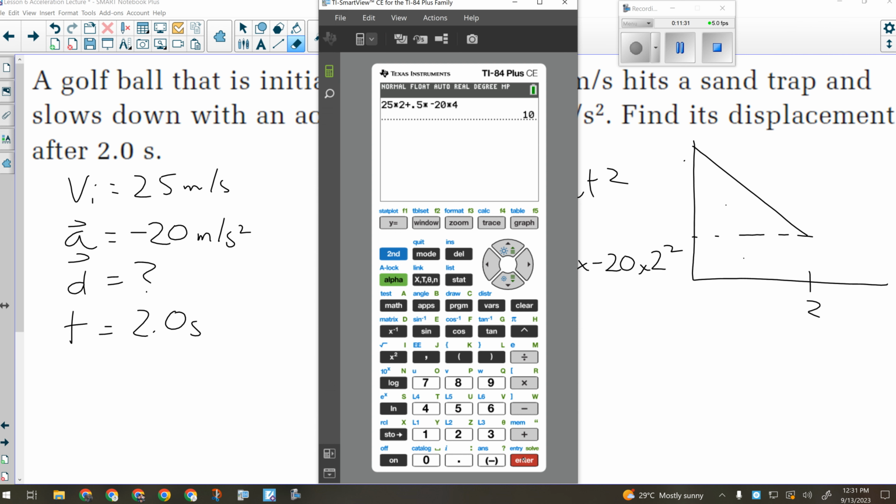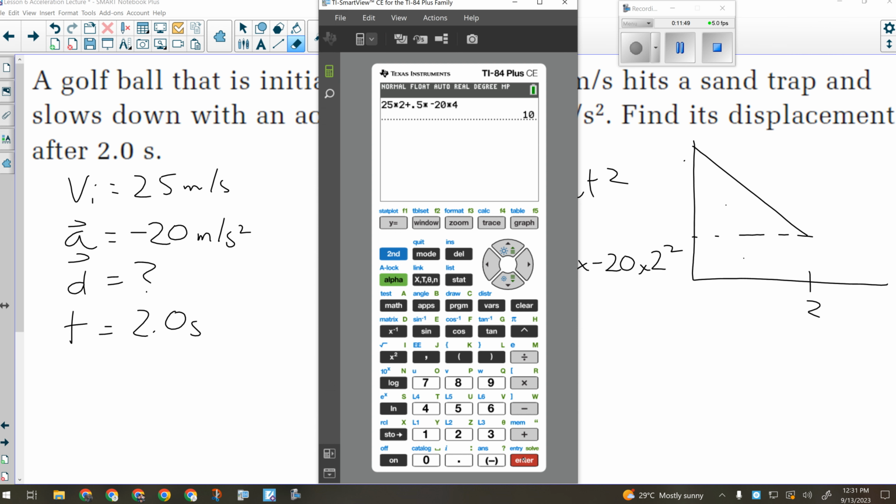All right, so that thing is going to move 10 meters, and it came out positive. It did ask for displacement. Do I need to put the positive on there? I do. If I don't, it's a distance, and it did ask for displacement.